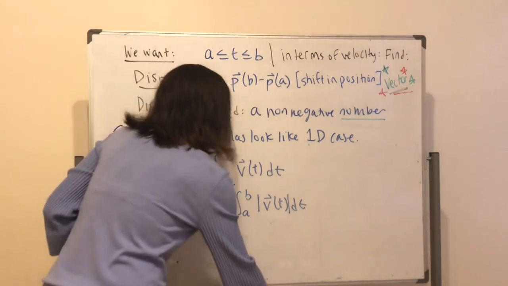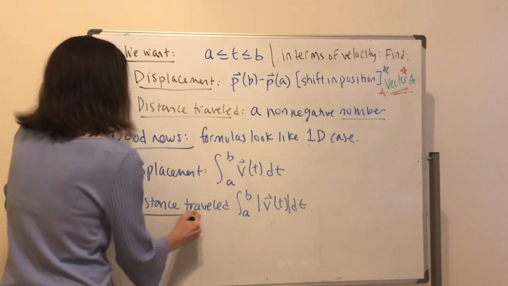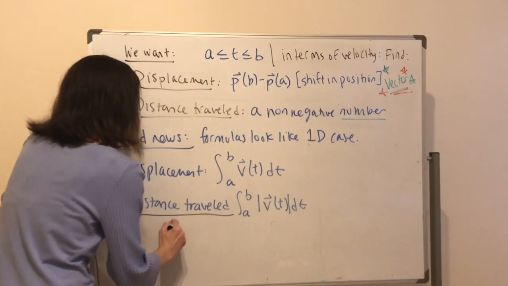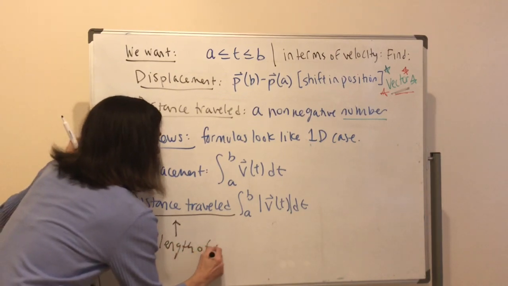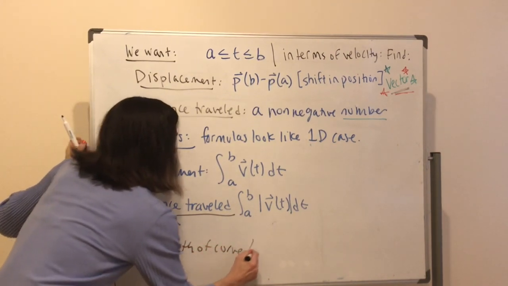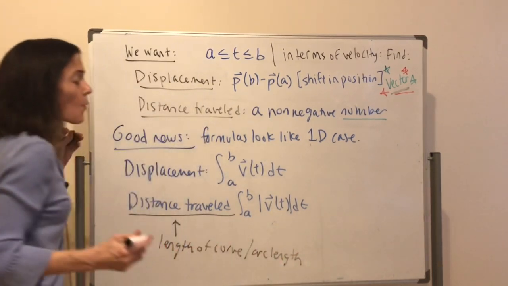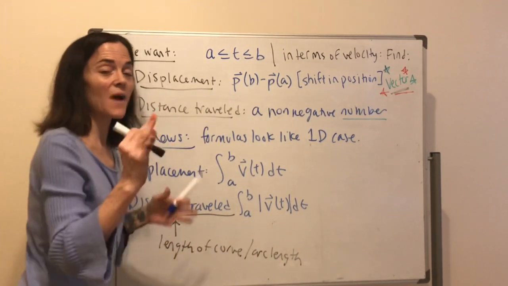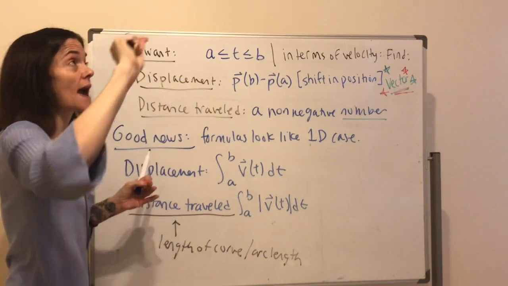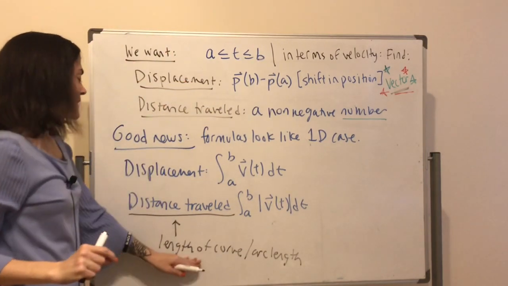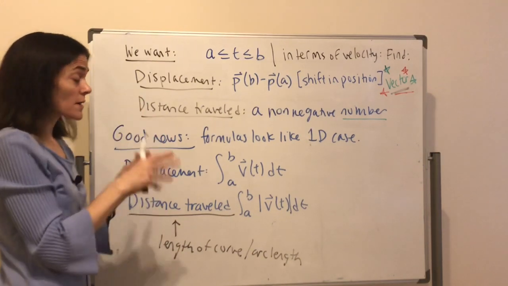Oh, one more thing that let me mention, because it's going to come up in this example. Sometimes this is referred to as the length of the curve or the arc length. This is more common when you have a y equals f of x, and I will get to the problems like that where you're tracing out the length of a curve, but you can imagine if you follow a particle's motion.